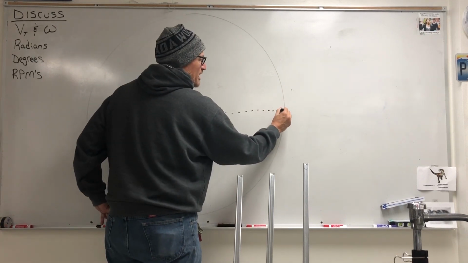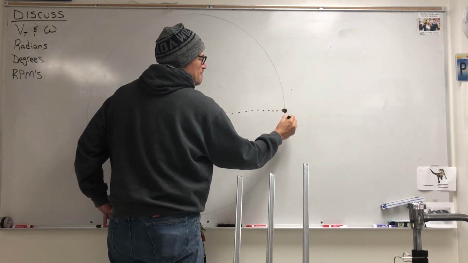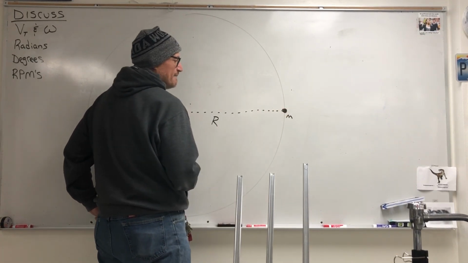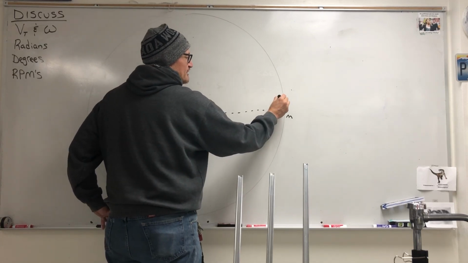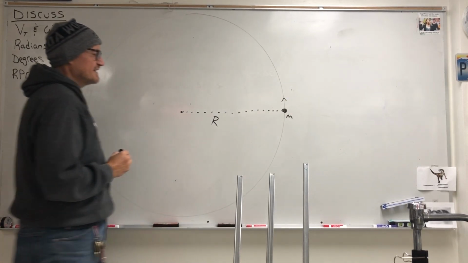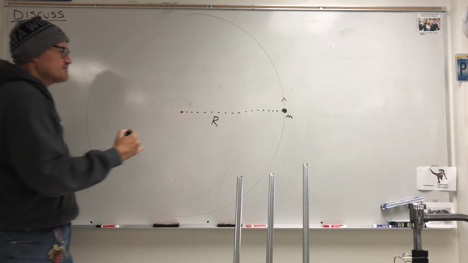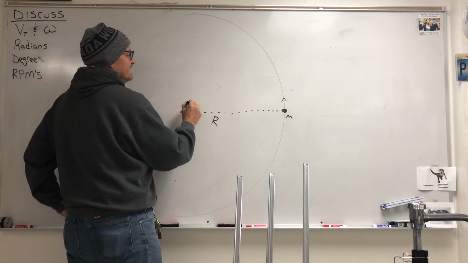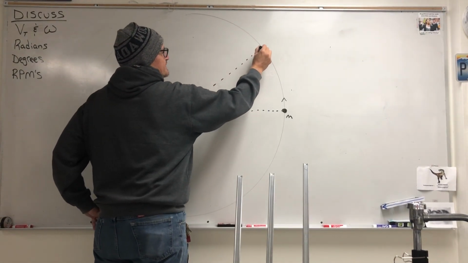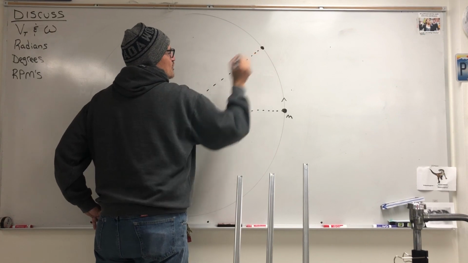And there is some object here with a mass, we call it mass m, and it is traveling in this direction, like so. Now, after some specified time, the object is here at a new location.